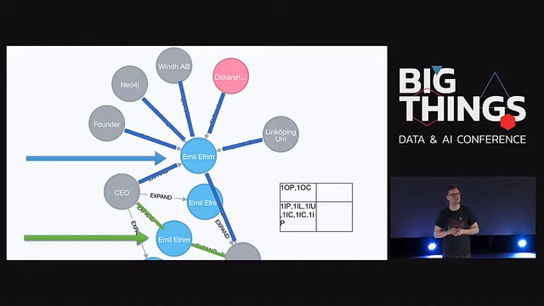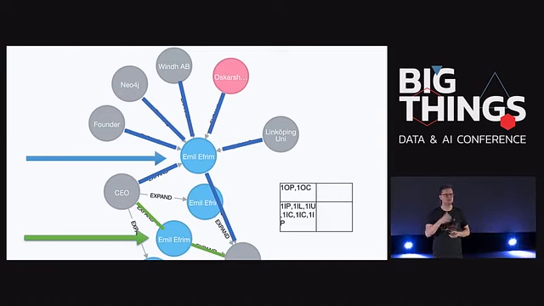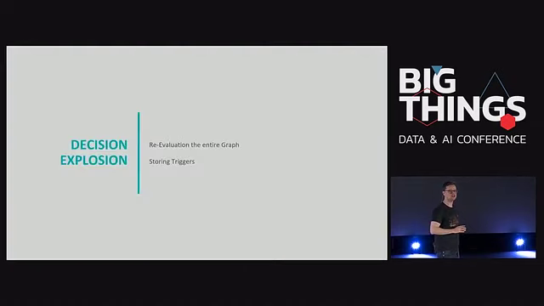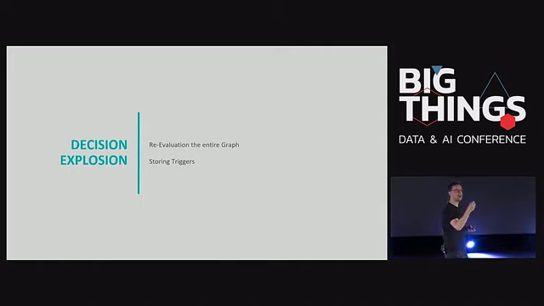For example, if I deduplicated people, it might be that there are certain subtrees that come off that I don't need to evaluate. And this is what helped us stop this decision explosion, this ability to have to reevaluate the entire graph, which is not a good thing to do.